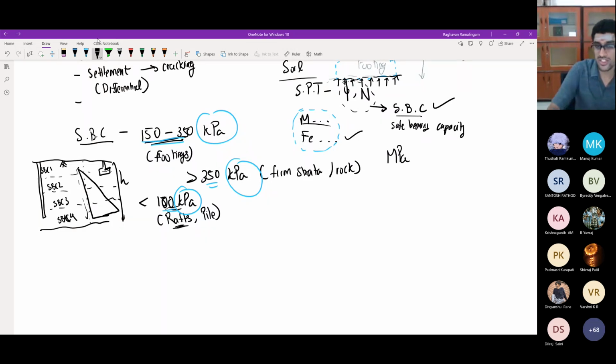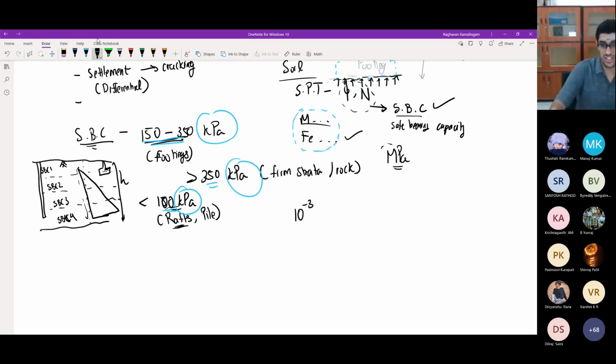So what is the order of difference, approximately? 10 power 3. So the order of difference between the strength of concrete and the safe bearing capacity of soil is about 10 power minus 3 for soil as compared to your steel or concrete.